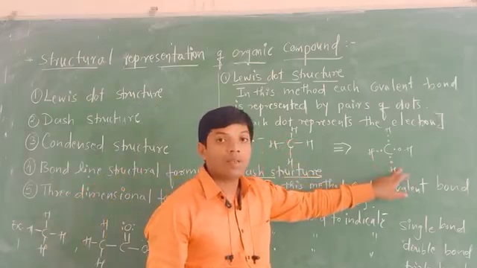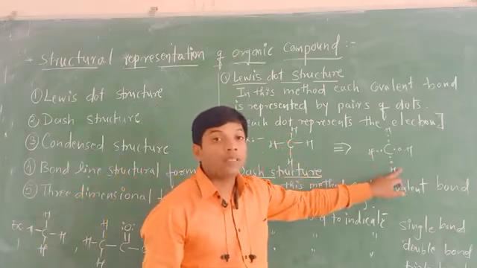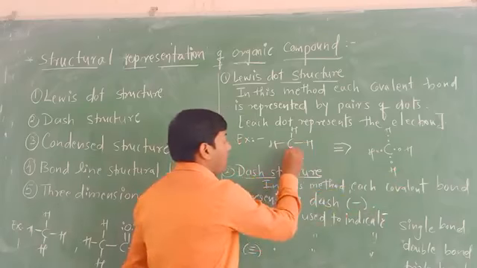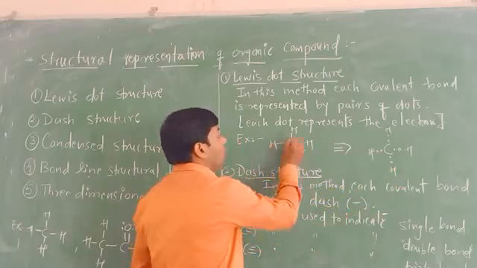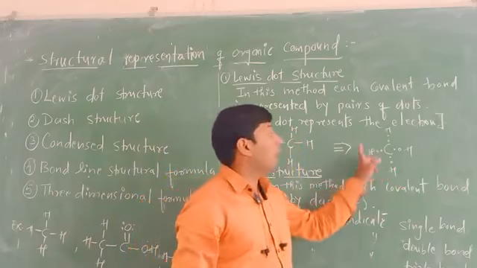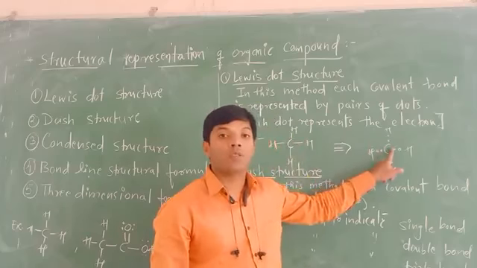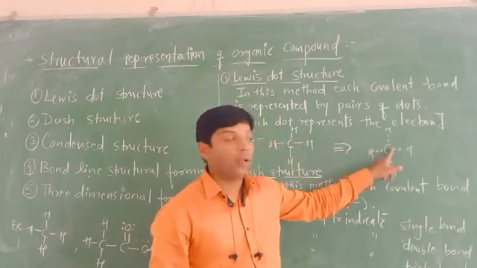This particular structure is called Lewis dot structural formula. The carbon-hydrogen covalent bond is shown as a pair of dots, and the dot indicates the electron.